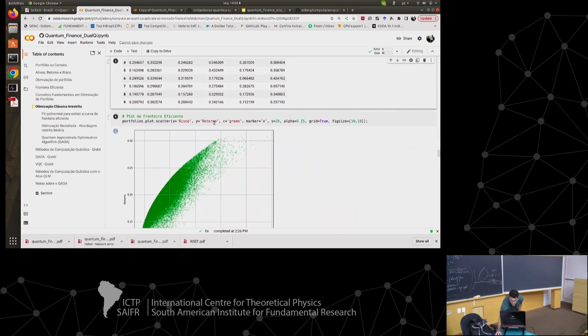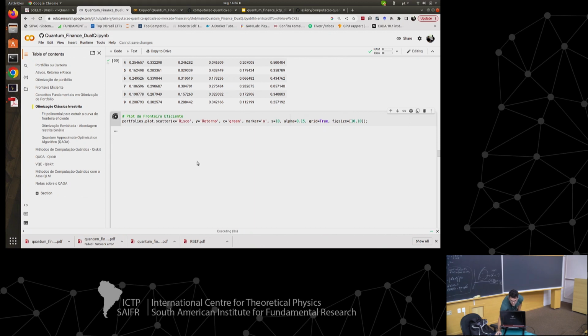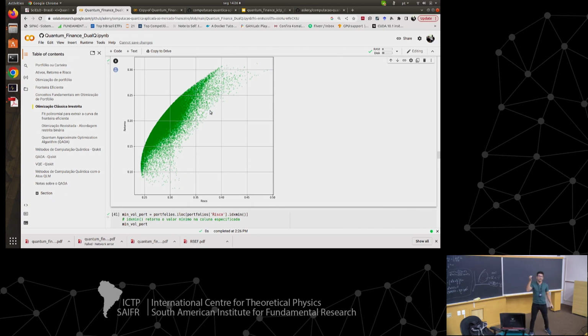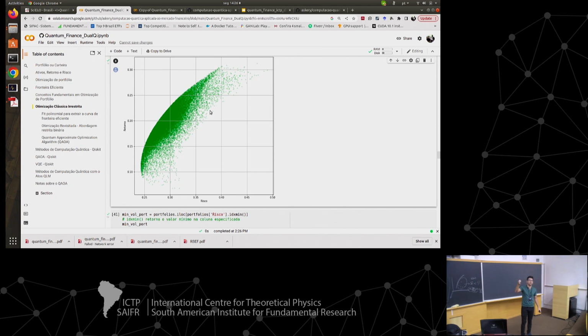And here is how I plot the efficient frontier, but you can see clearly our frontier says that given a risk, you have a maximal return. And given a return, if you fix your return, you have a minimal risk. It's not unlimited.